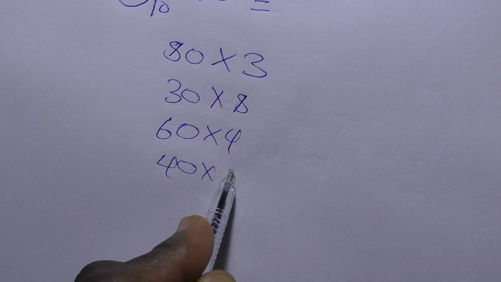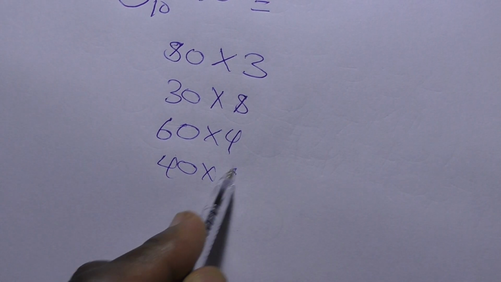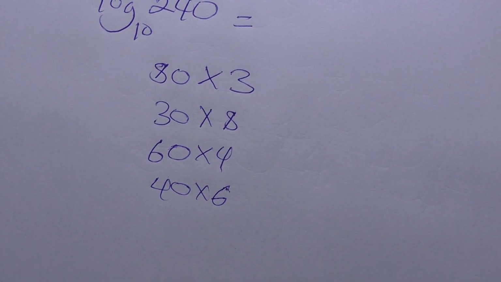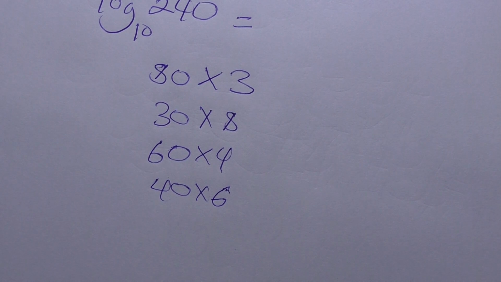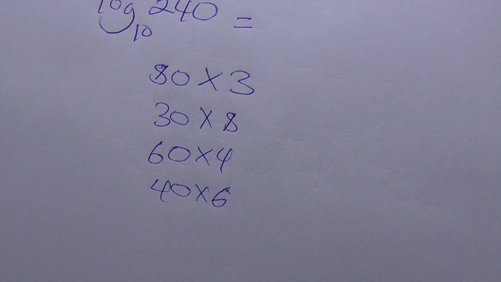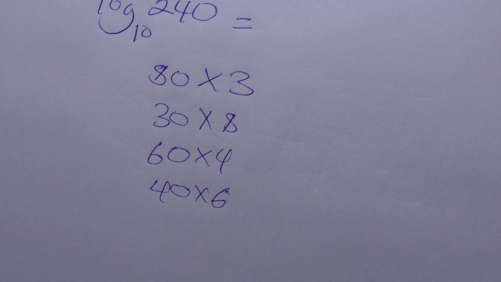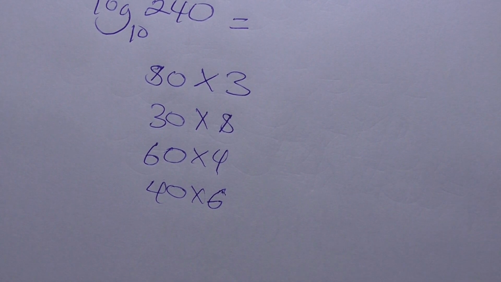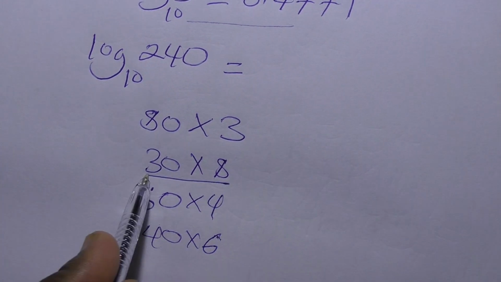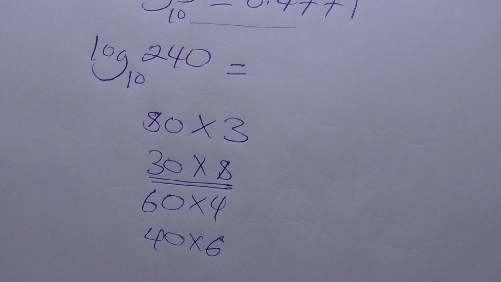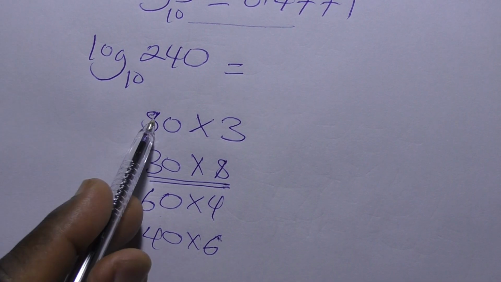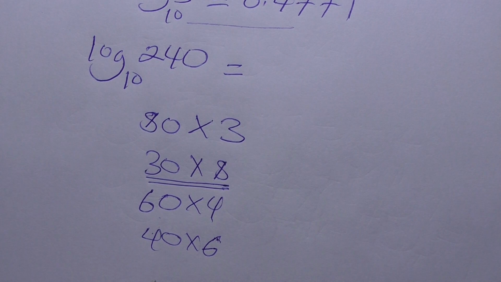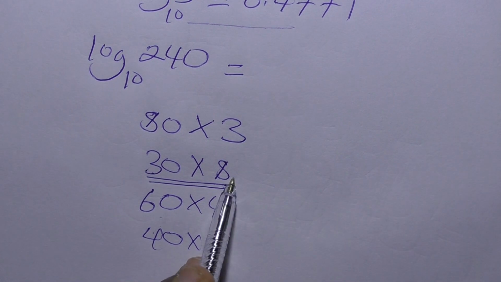There are many factors of 240, but let us choose the easiest that could be easily simplified in terms of 2 and 3 and maybe 10. So I'll choose to use 30 and 8. All these give us the same thing when we simplify them correctly. I'm using 30 and 8.